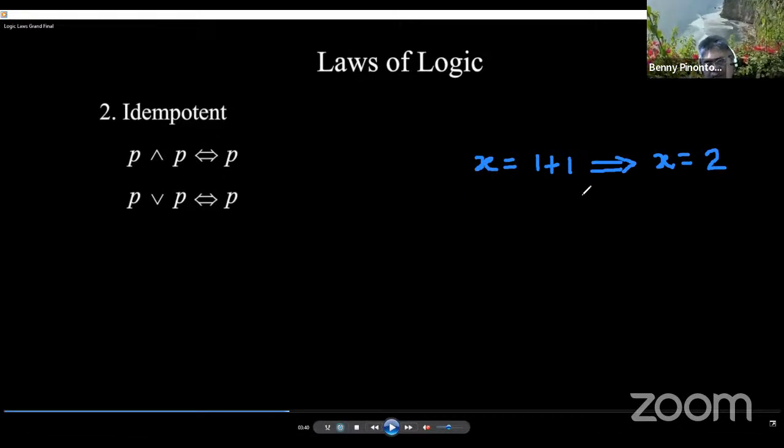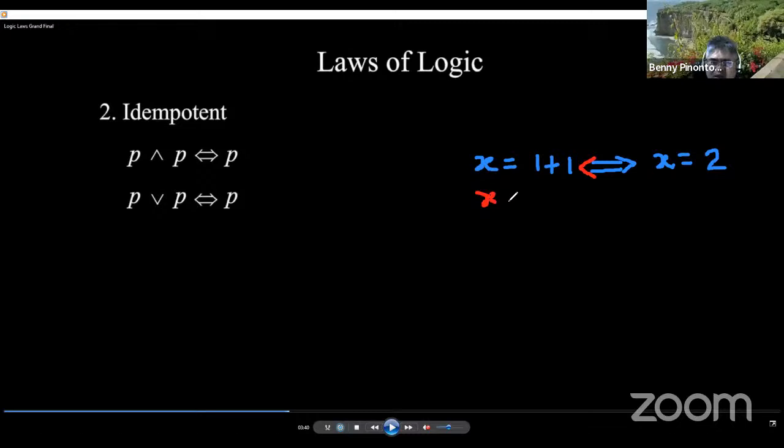Now this one holds in that direction, but the other direction is not right, because x is 2 doesn't mean that x is 1 plus 1. x could be 1, or 2 minus 1.